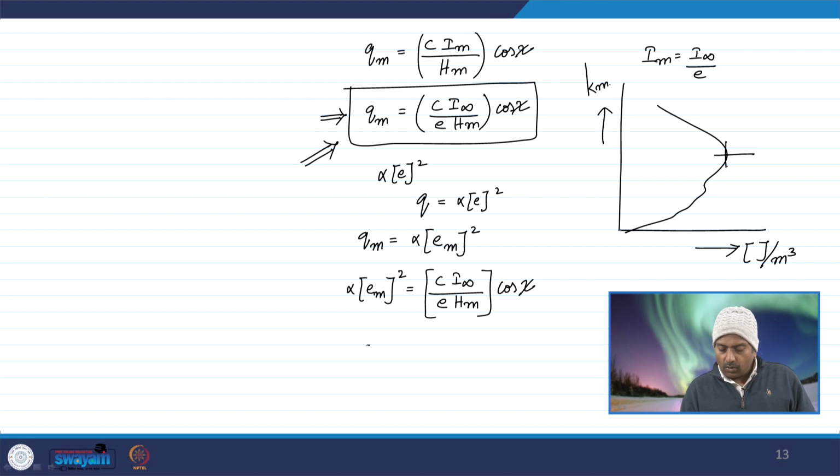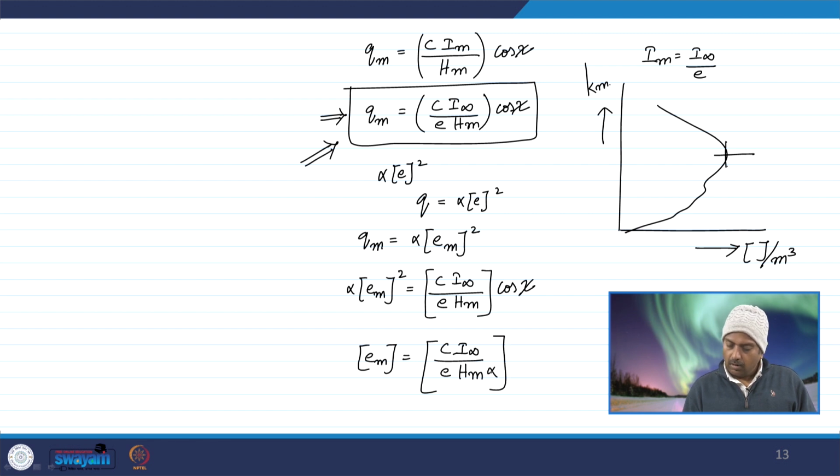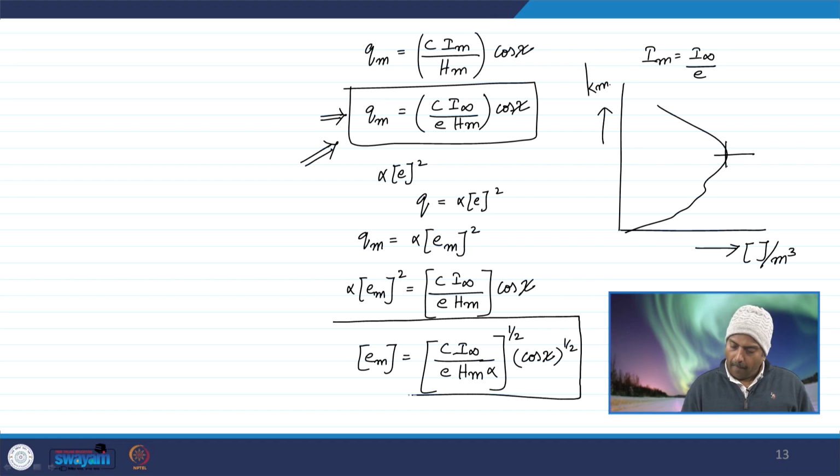So, the peak electron density Em is equal to C I infinity divided by E Hm alpha, raised to the power of half, times cos chi. Okay.